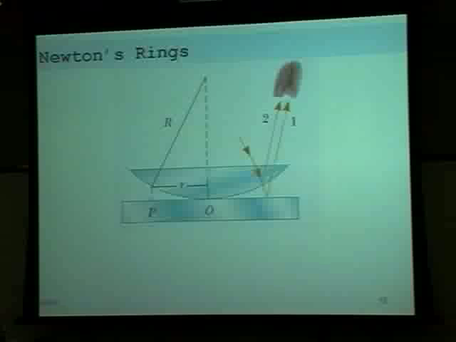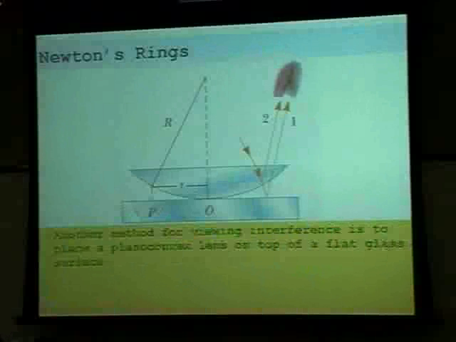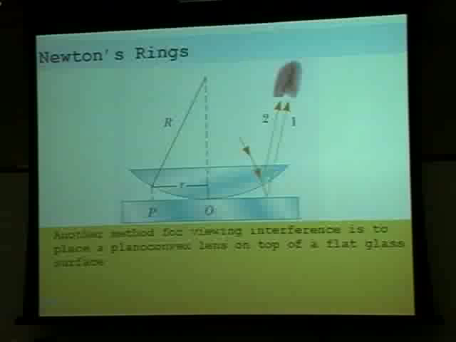Here's another example of interference, and you can almost use the same analysis that we just used on film to figure out how this might work. Here we've got a plano convex lens that we're going to place on a flat piece of glass.